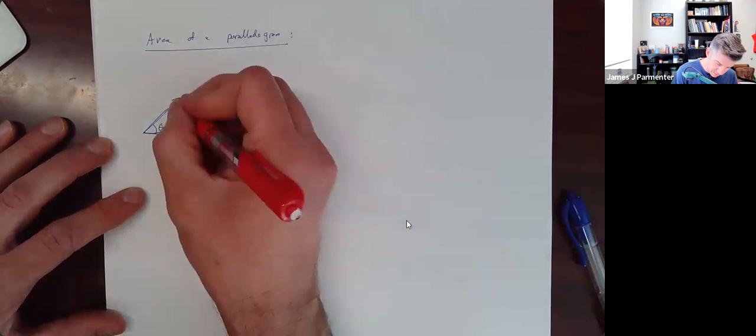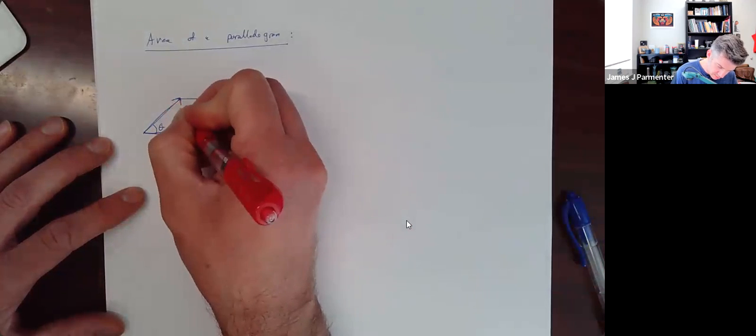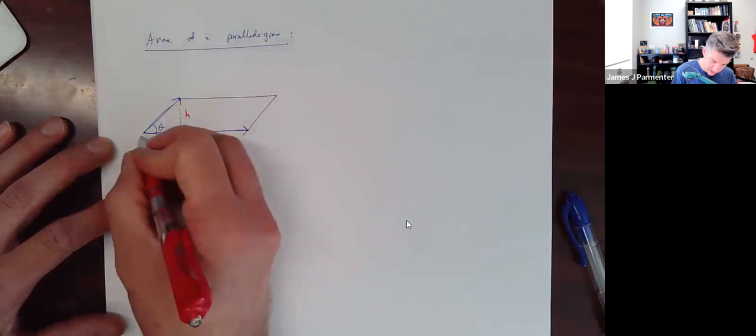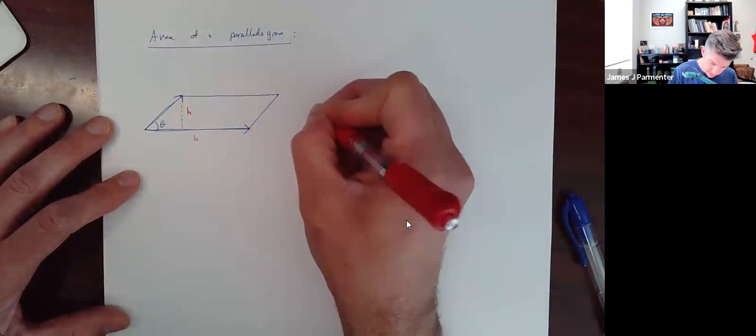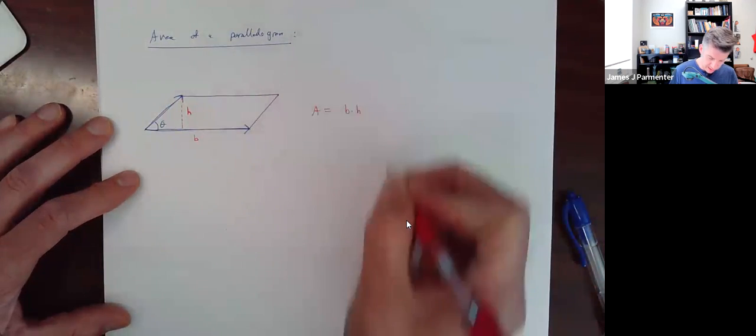If we know what this height is, and we call this the base, then that's just like a rectangle, and the area is equal to the base times the height.